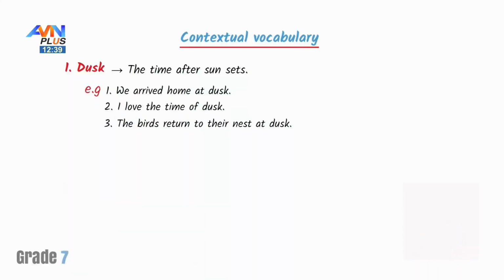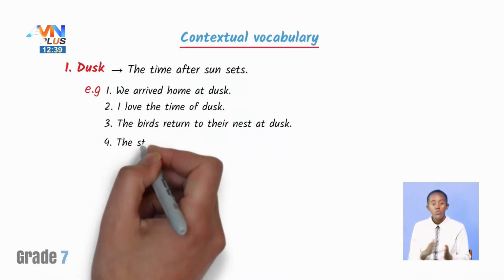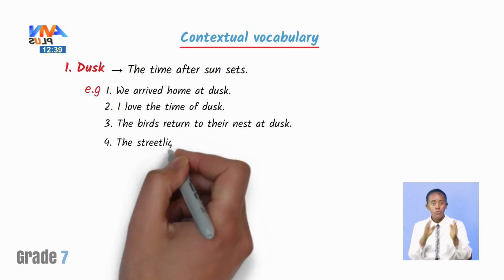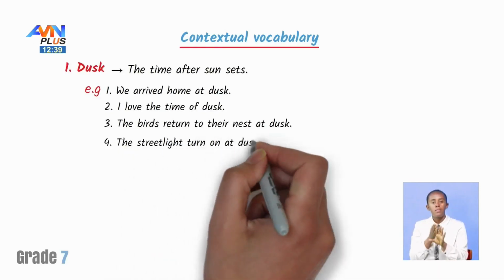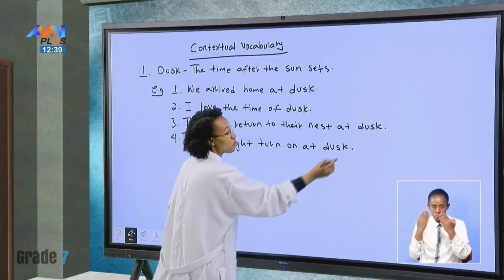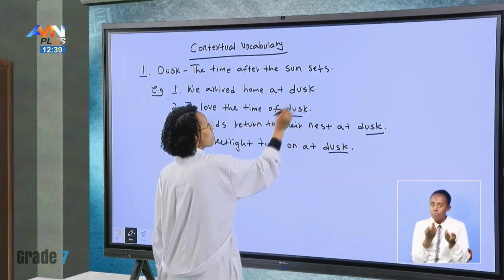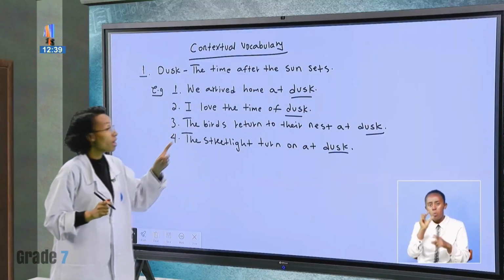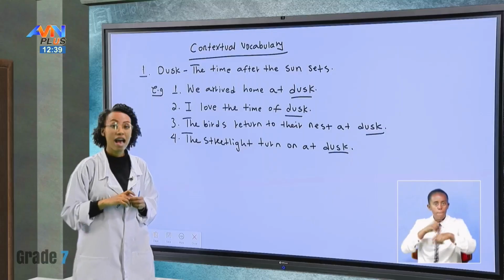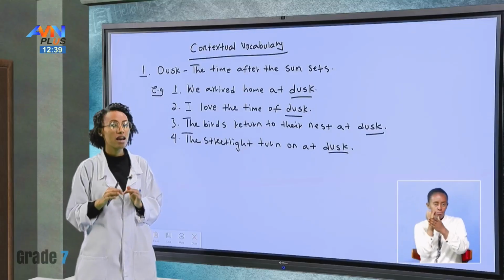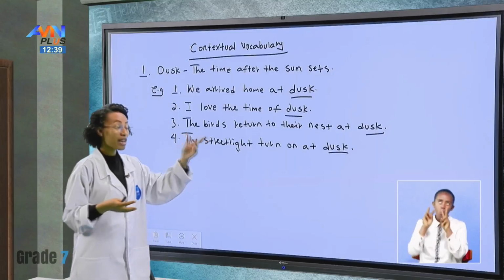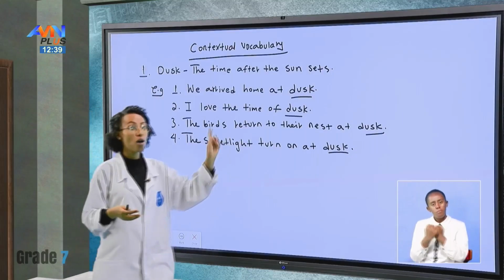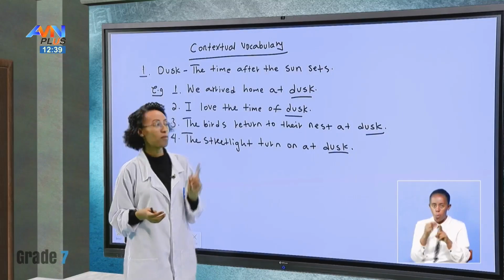And finally, the street lights turn on at dusk. So if you see here, we have the word dusk, and it's showing a time where the sun has just set, but it is not dark yet. So people like, for example, watching dusk, and they also love watching the opposite of this word. We will talk about it later on.